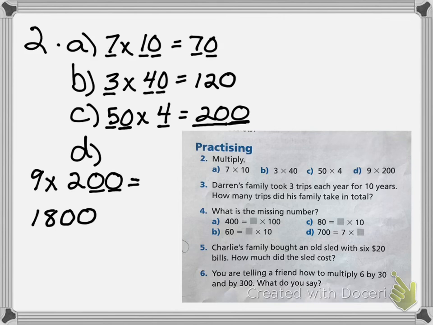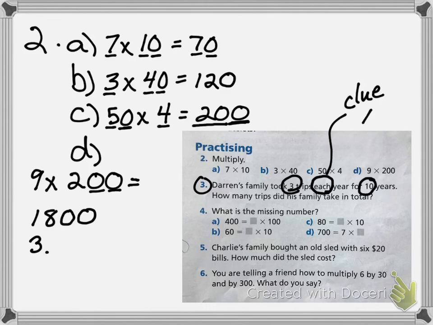Okay. Number 3. Darren's family took 3 trips each year. And boys and girls, this word right here is a clue for multiplication. Each year for 10 years. So that tells us to multiply it. It gives us 2 numbers, 3 and 10.